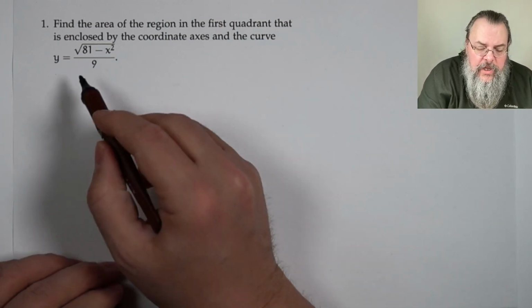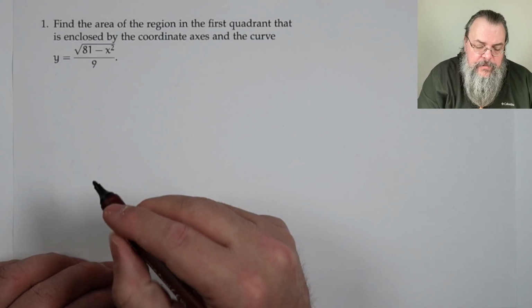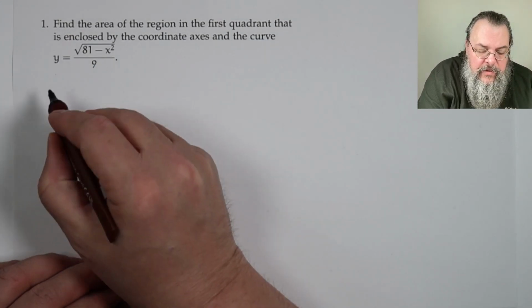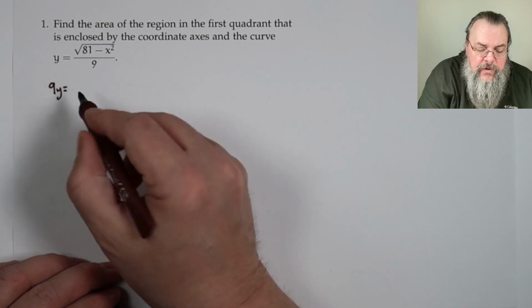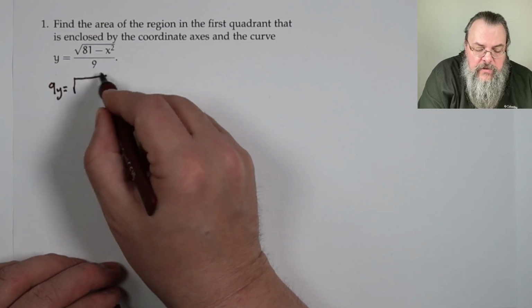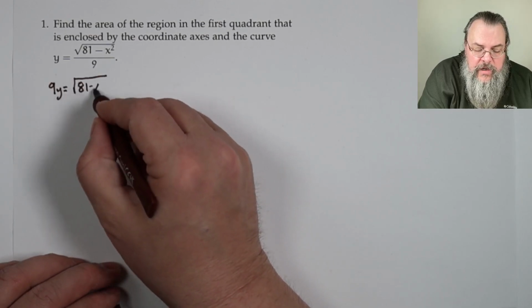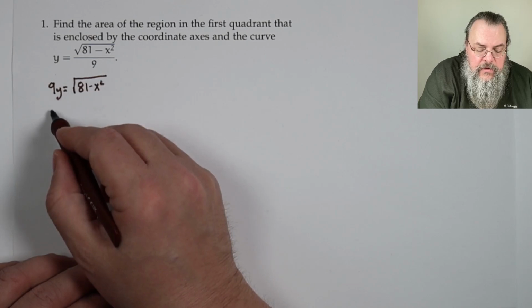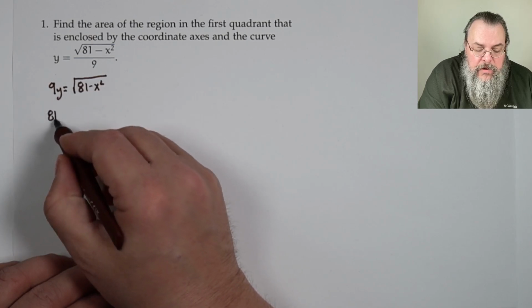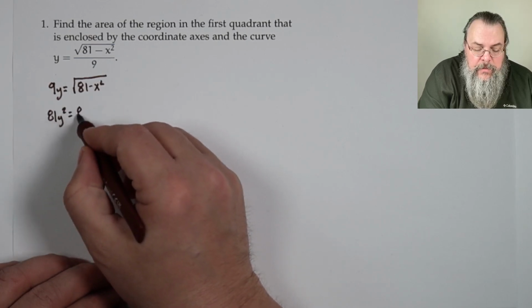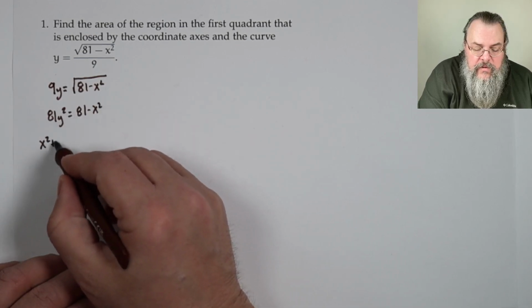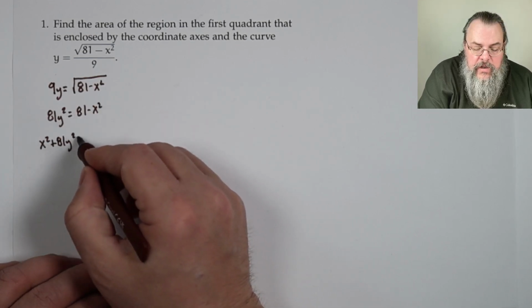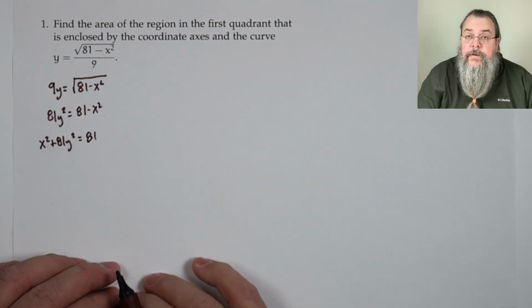And so we can rewrite this expression into something that might be a little bit easier to handle, or at least a little bit easier to understand. So let's multiply across, get rid of our fraction. So 9y equals the square root of 81 minus x squared. Then we can square both sides. 81y squared is 81 minus x squared, or x squared plus 81y squared equals 81.